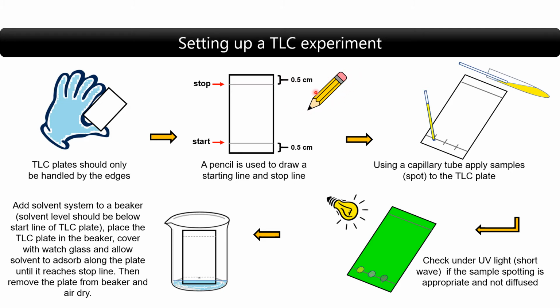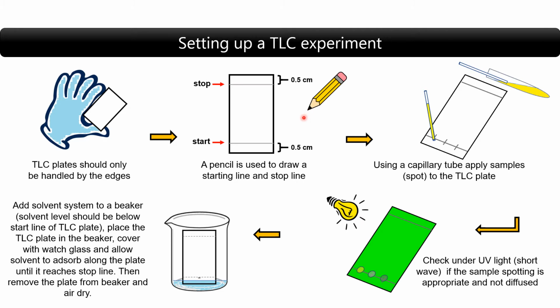And it's very important that we only use a pencil for this purpose, because the pencil is made of graphite, which is an inert material, and this graphite is not going to interact with any of the organic solvents that we're going to use in the solvent system.